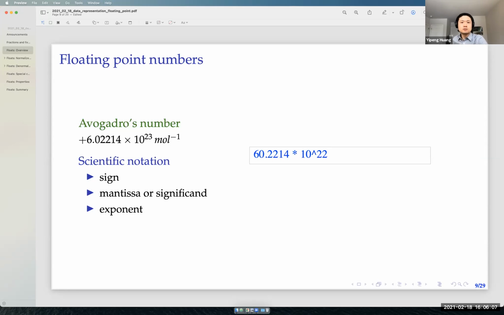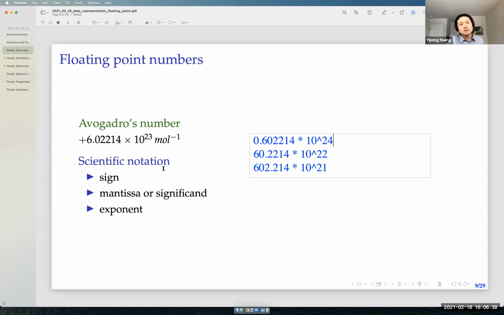That's the same number. Or we could say it's 602.214 times 10 to the 21st. Or we could keep the decimal point on the other side, so we could say it's 0.602214 times 10 to the power of 24. These are all the same number.